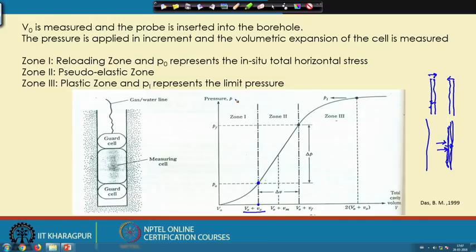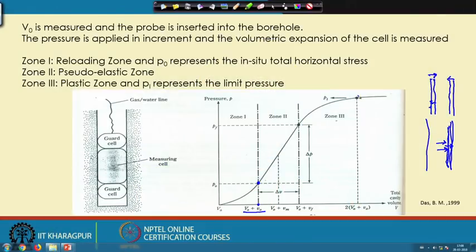Generally, PL is determined by interpolation. If the pressure reaches the maximum limit of the instrument, then we stop the experiment.